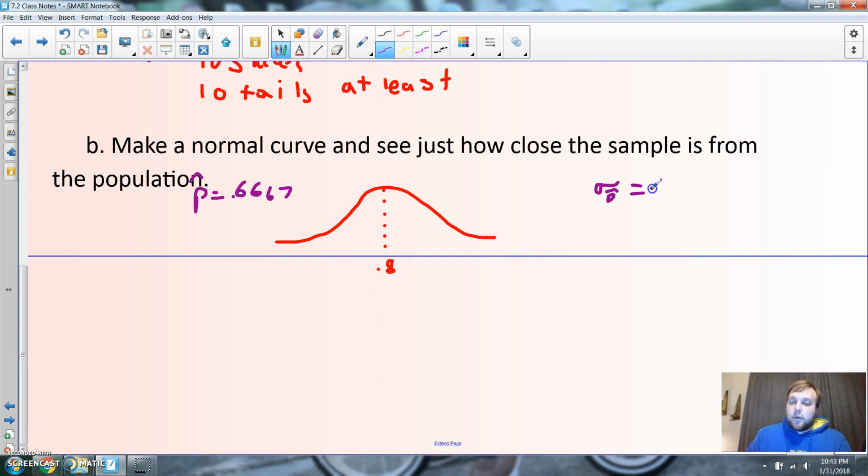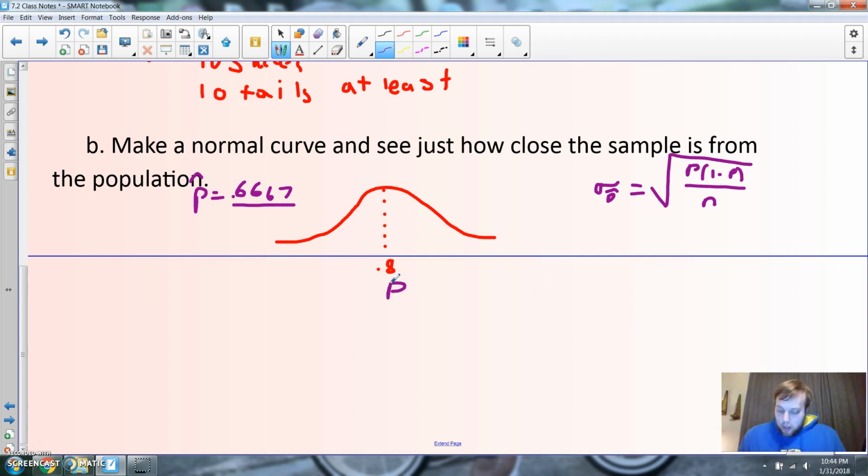Remember, the formula for this is the square root of p times 1 minus p, all over my small n. Now, remember, when we're talking p, that is this guy, 0.8. It is not what I got. I'm assuming 0.8 is correct. And we'll get into that more in chapter 9. But let's just see.